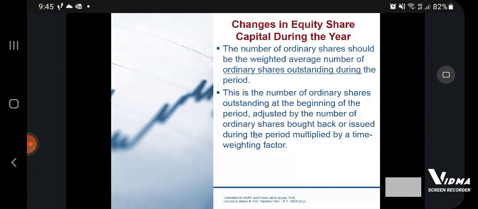So what I simply said is also explained there. This is the number of ordinary shares outstanding at the beginning of the period, adjusted by the number of shares bought back or issued during the period, multiplied by a time weighting factor.